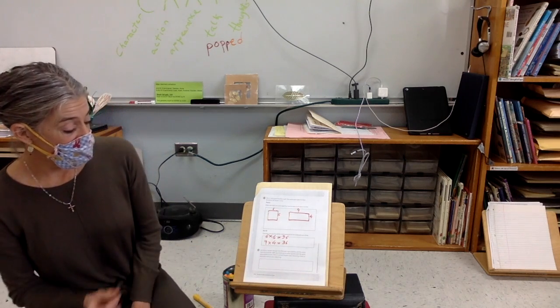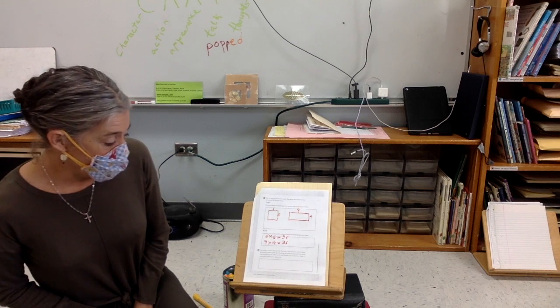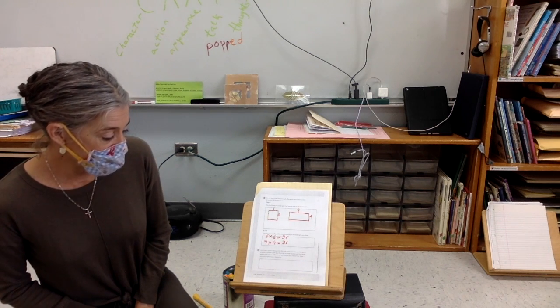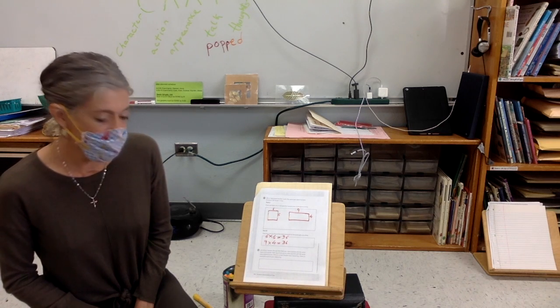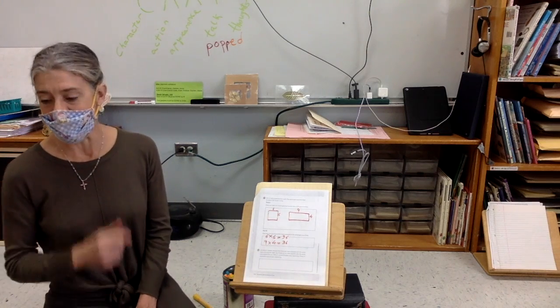Number 5. Joe drew a square. He says that there are many squares with the same area as his square. Beth says there are no other squares with the same area as Joe's square. Who is correct? Yes. Why?